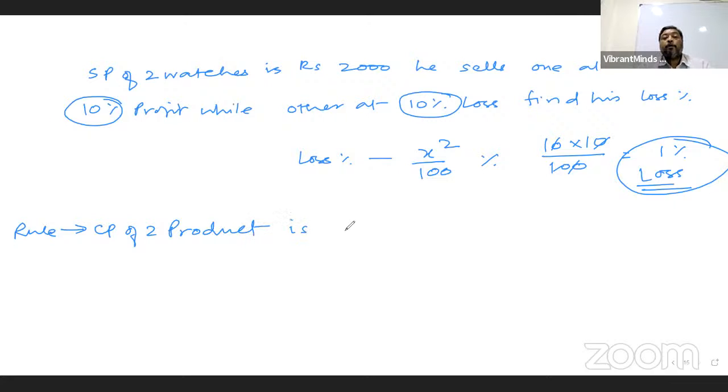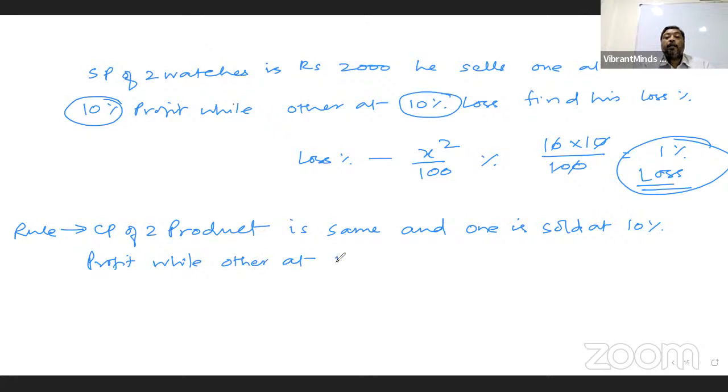Cost price of 2 products is the same, and one is sold at 10% profit, while the other at 10% loss.